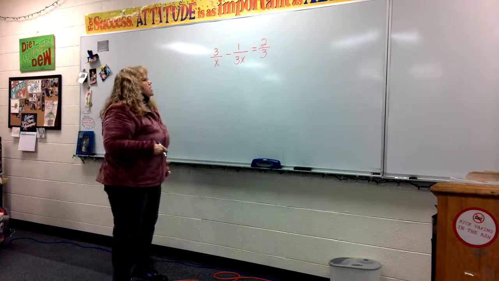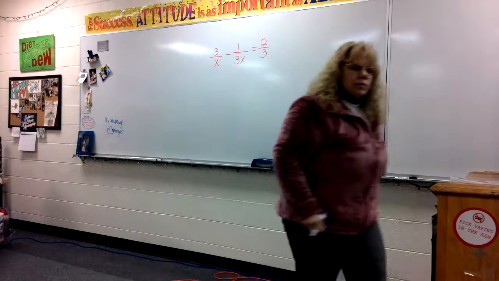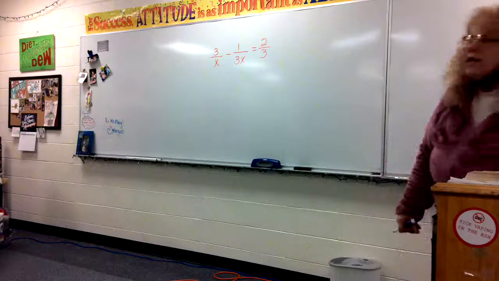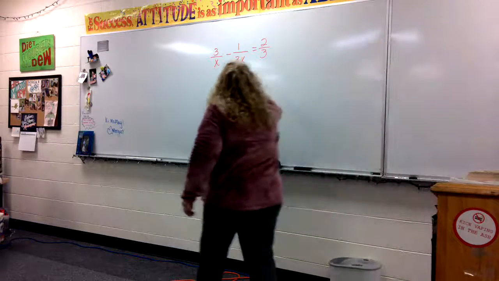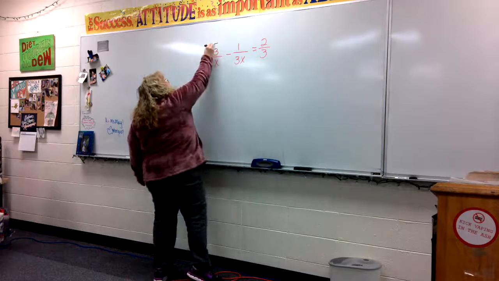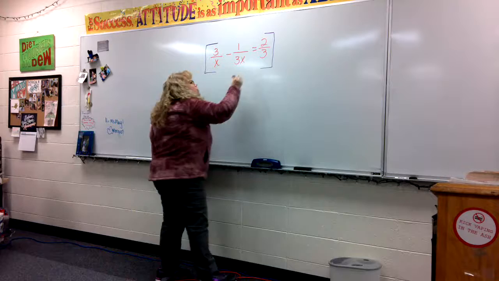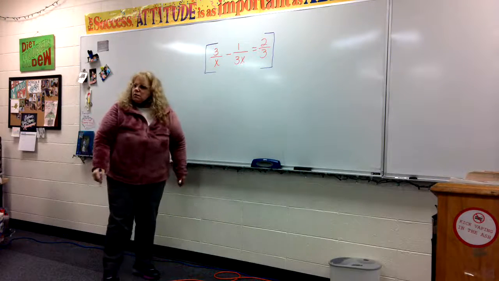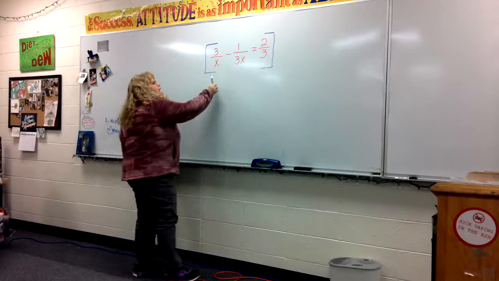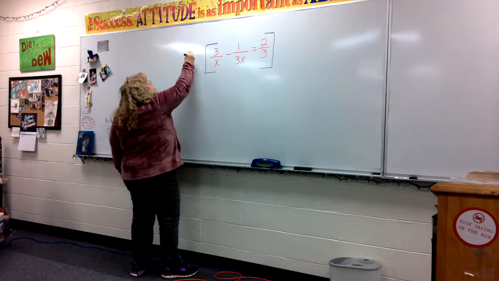What's my common denominator going to be? Well, for the number part, I've got a 3 and a 3 and a 1. What's the common denominator with a 3 and a 1? 3. And I've got an x and an x and no x's.